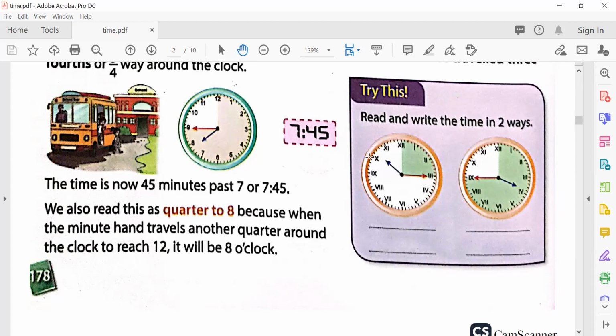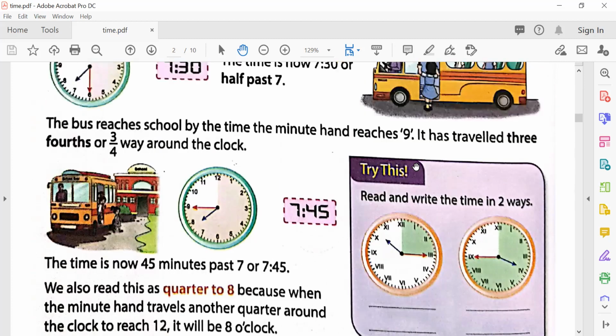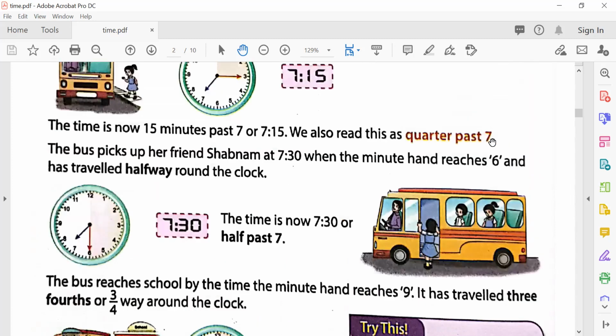So it is 10:15. And how do you say this using the word quarter? First you say quarter. Quarter past 10. Yes, you say it quarter past 10.